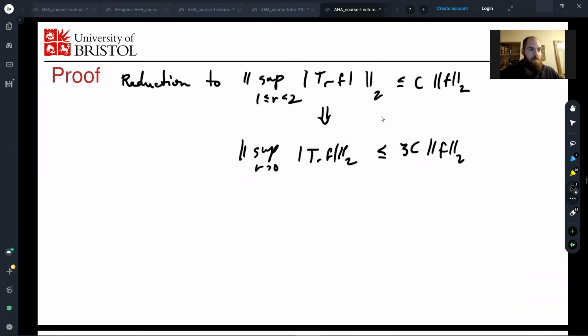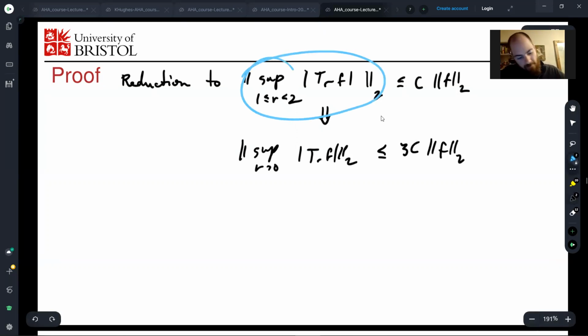Let's also use one of the techniques that came in here, which is the self-reproduction, or the Calderon self-reproducing aspect. First off, we're only caring about this now.